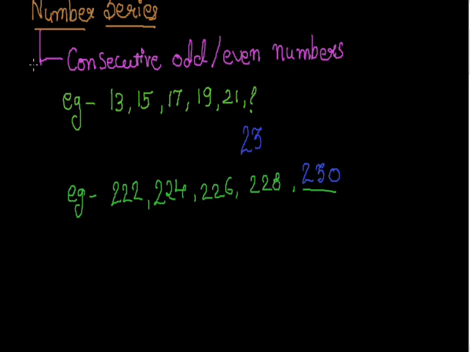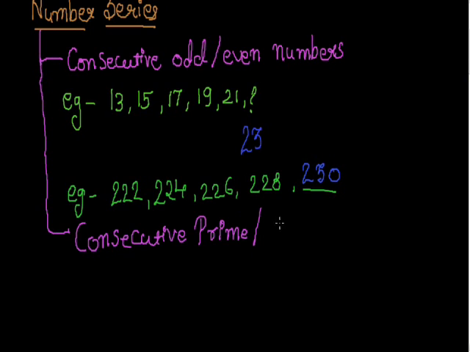Now the second pattern of number series is consecutive prime or composite numbers. Again, let us take an example of this.